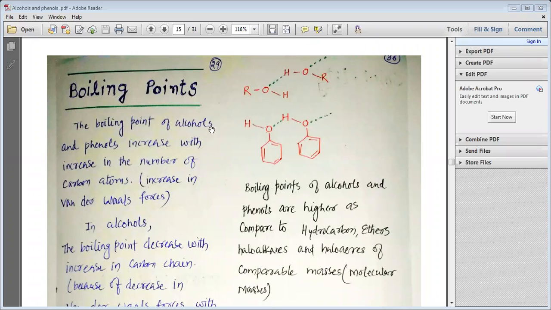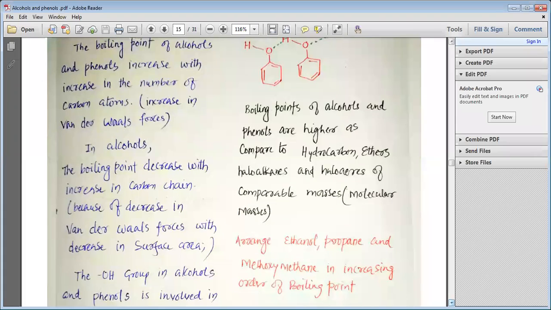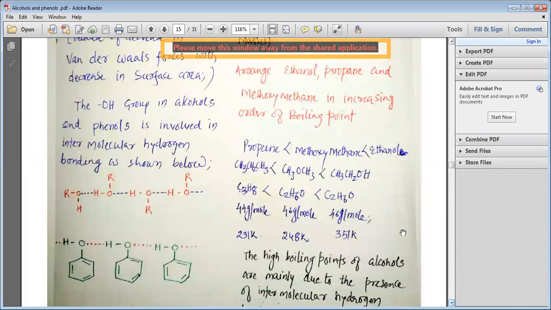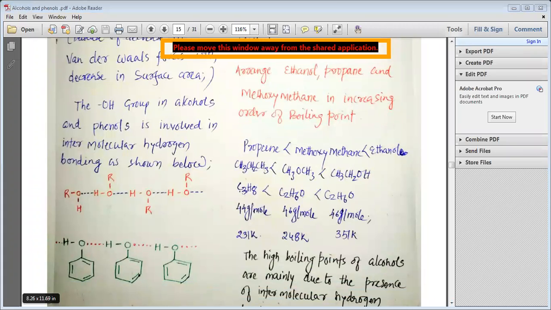We have seen the boiling points, and we have revised that the boiling points of alcohols and phenols are higher as compared to haloalkanes, haloarenes, aldehydes, hydrocarbons and ethers, and this is because of the strong hydrogen bonding found in alcohols and phenols, and that is why they have higher boiling and melting points.